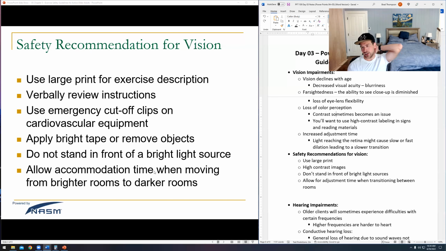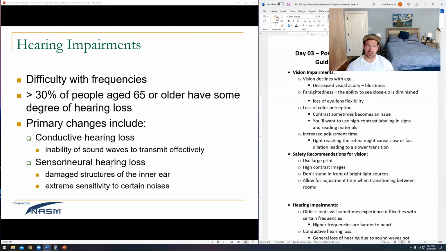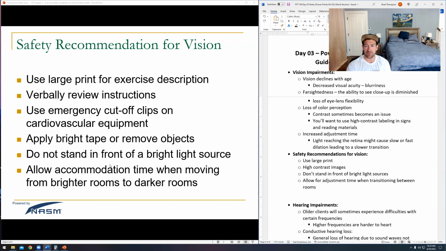So I always had to be cautious. It takes a little longer to adjust when we get older, the eyes dilating and stuff. So just take a second to pause. If you're moving from a really bright area to a really dark area or vice versa, just give your client a little bit of time to adjust.